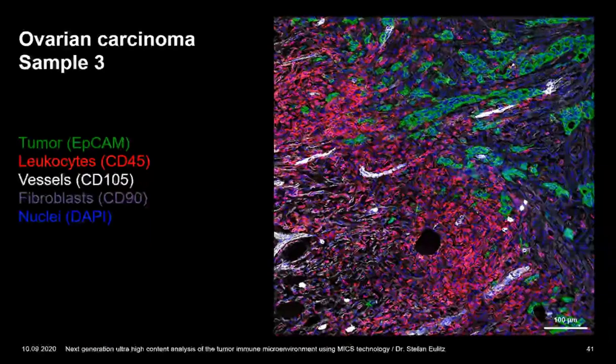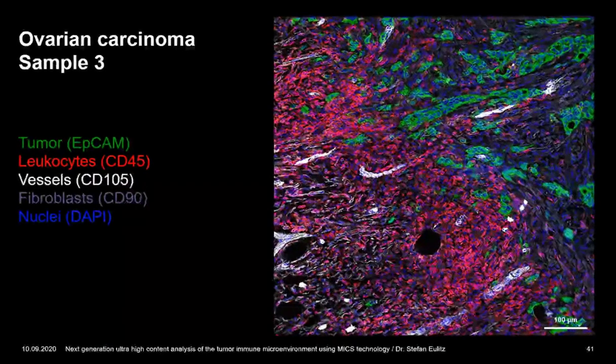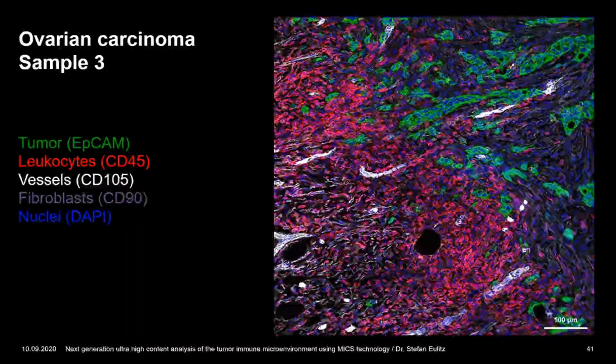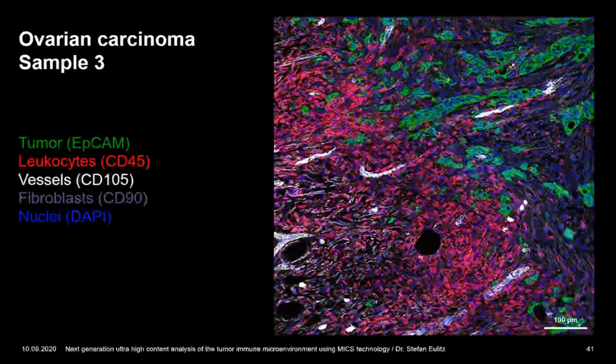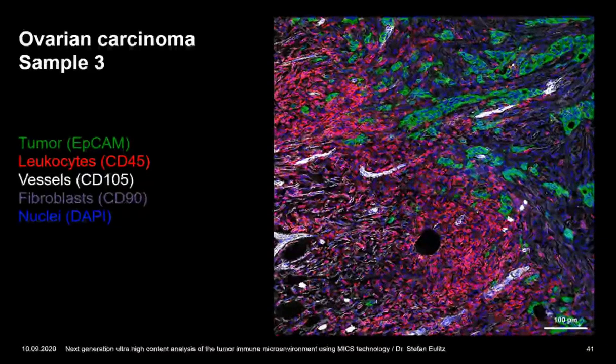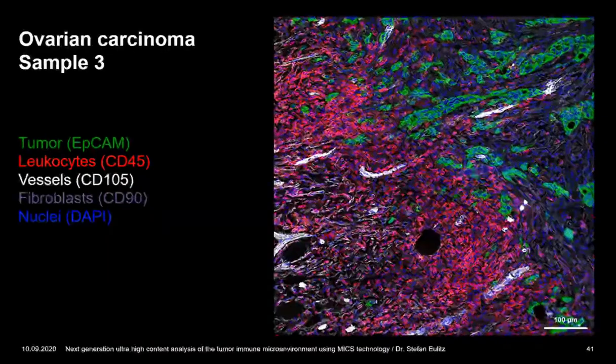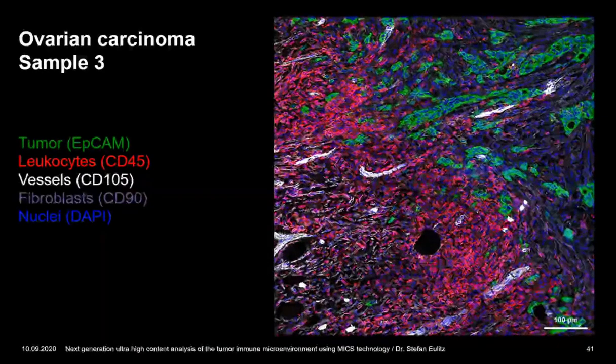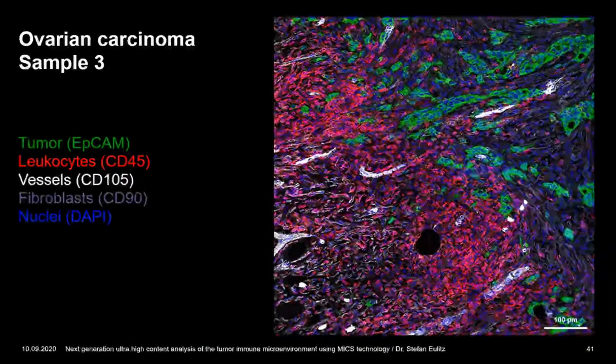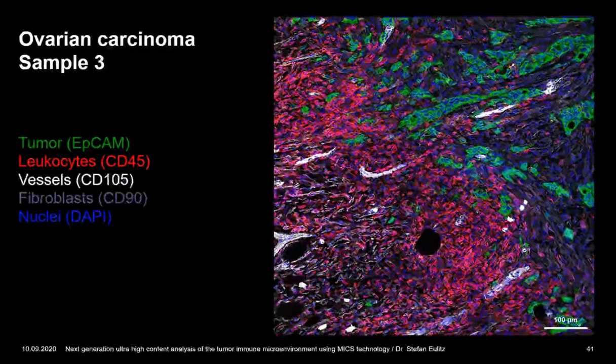The vessels can be seen in white and fibroblasts in violet and the nuclei in blue. We see very well that there are a lot of leukocytes adjacent to the tumor, and it is of course worth a deeper look at the sample.